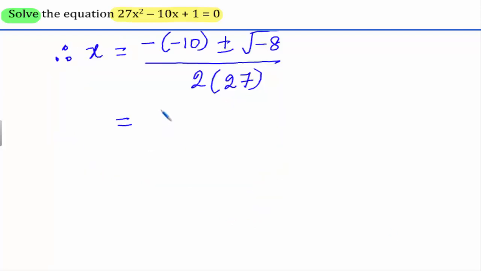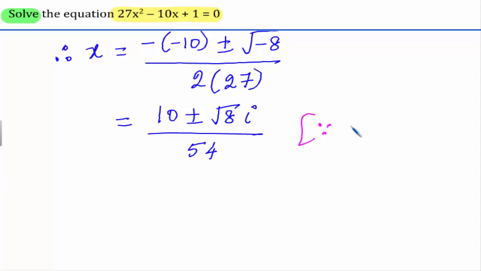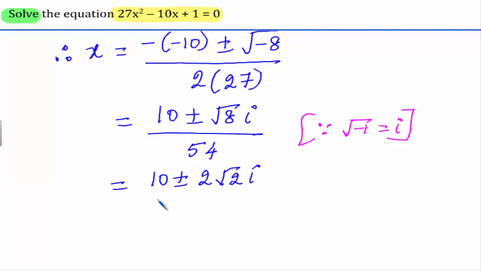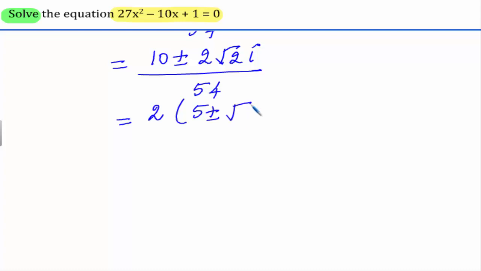This will be equal to 10 plus or minus root 8i divided by 54. Since root over minus 1 is equal to i, this will be equal to 10 plus or minus 2 root 2 i divided by 54. From the numerator, let us take 2 common. So we get 2 multiplied by 5 plus or minus root 2i divided by 54.